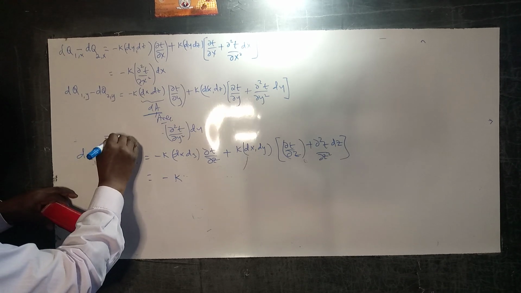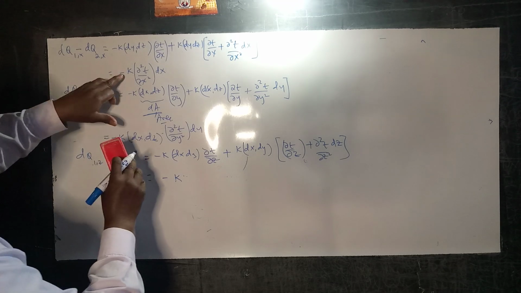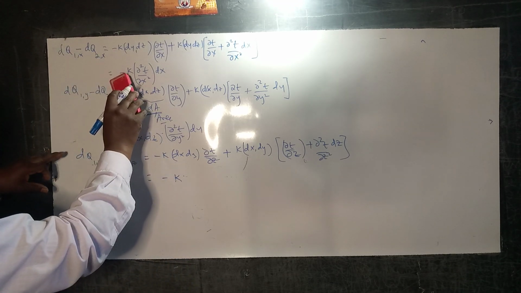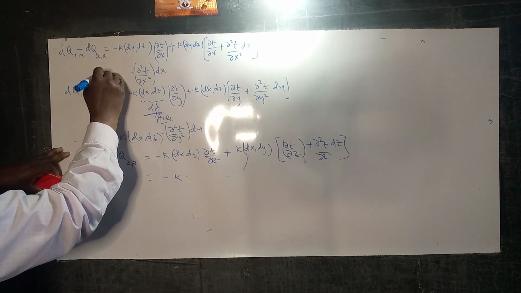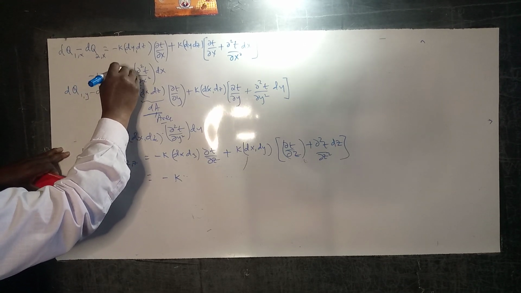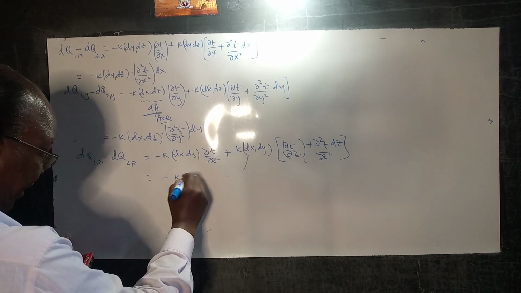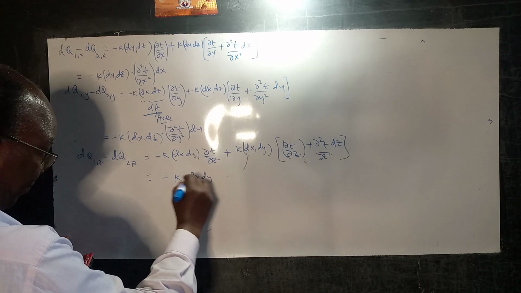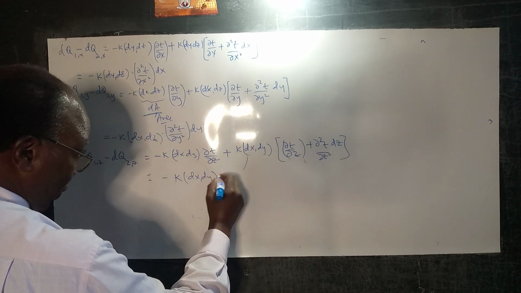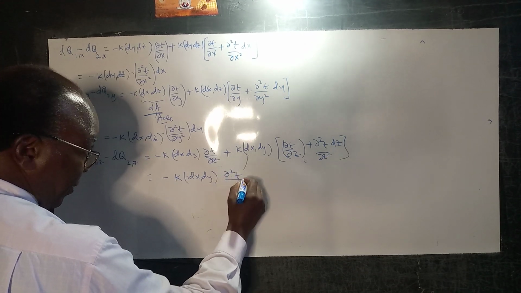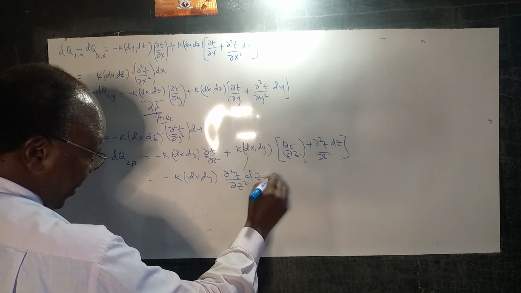Let's make sure we have not missed out anything. So we'll have our minus k dx dy into del squared t del z squared dz.